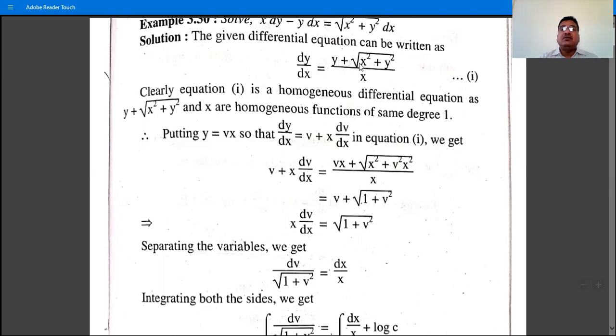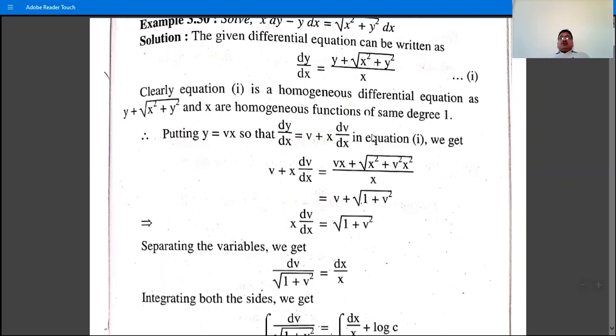The remaining part is a function of y by x. So this numerator is a homogeneous function of degree 1, this denominator is a homogeneous function of degree 1, and therefore this dy by dx is a homogeneous differential equation.